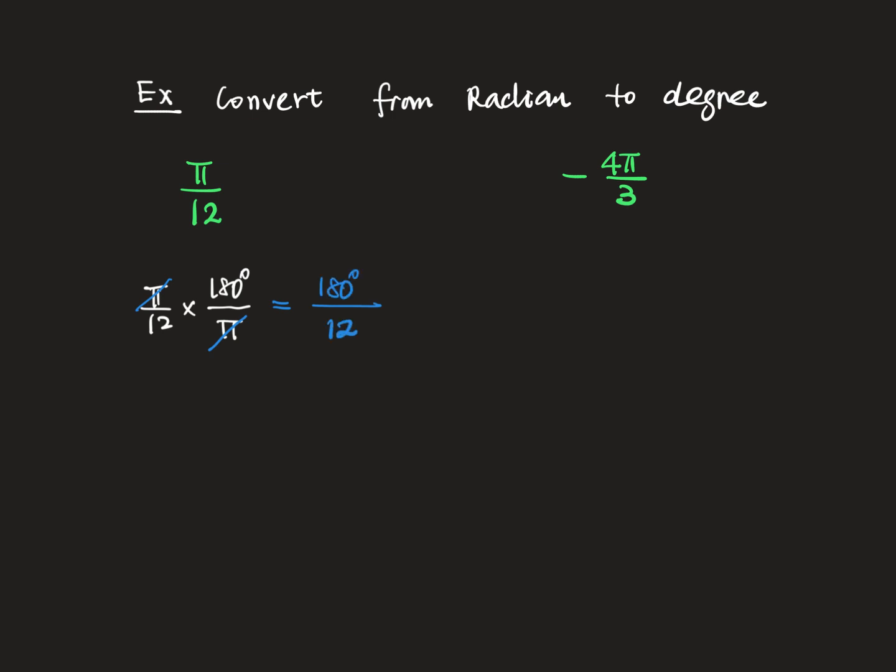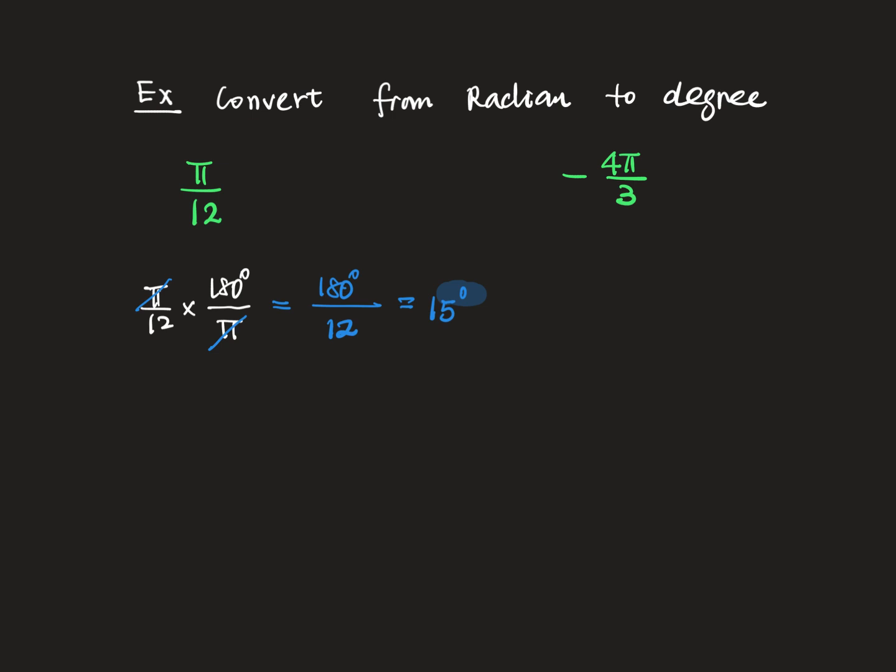In this case, when you have degrees, you can divide and you don't have a decimal for 180 divided by 12. You're going to see 15 degrees. Don't forget the degree. This is very important, guys. Don't forget the degree, the small dot on the top, okay?